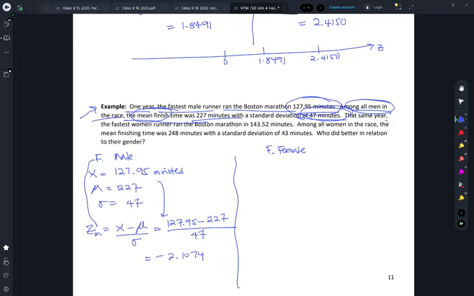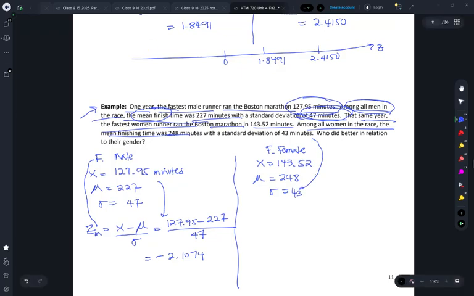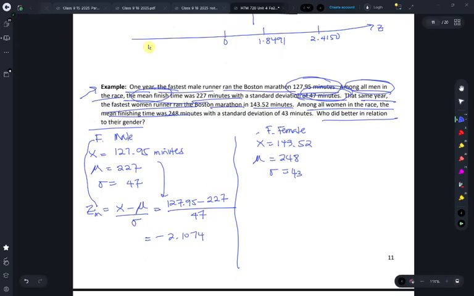Then for the fastest female runner, let's see. That same year, the fastest female runner ran the Boston Marathon in 143.52 minutes. Among all women in the race, the mean was 248 minutes and the standard deviation was 43 minutes. Who did better in relation to gender?